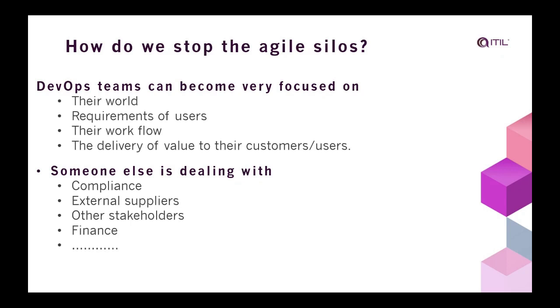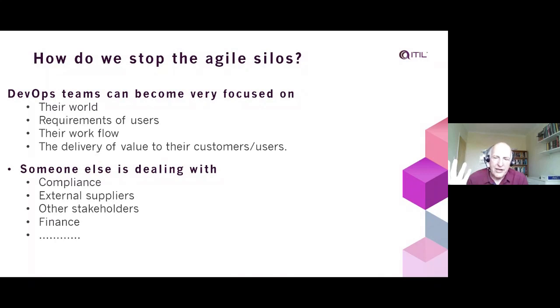And ITIL 4 focuses on that. It's very much a latticework, a framework that things hang off of. So a lot of your other things like, pardon me, COBIT and Agile and IT for IT and all these things hang off at the edge of this, and ITIL brings them all together.